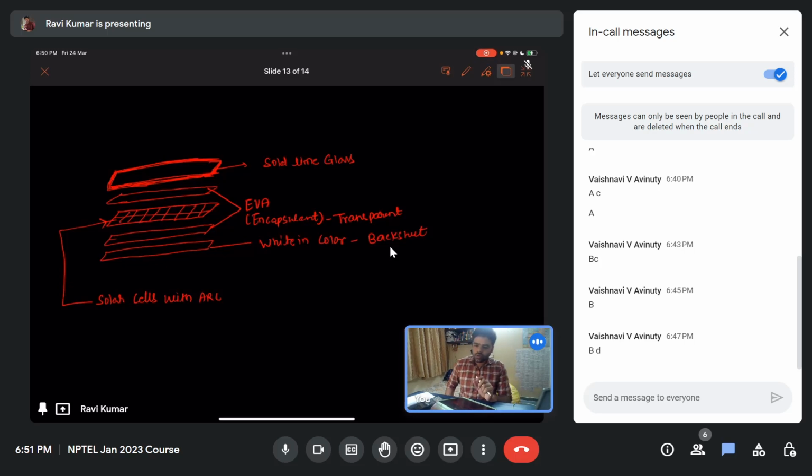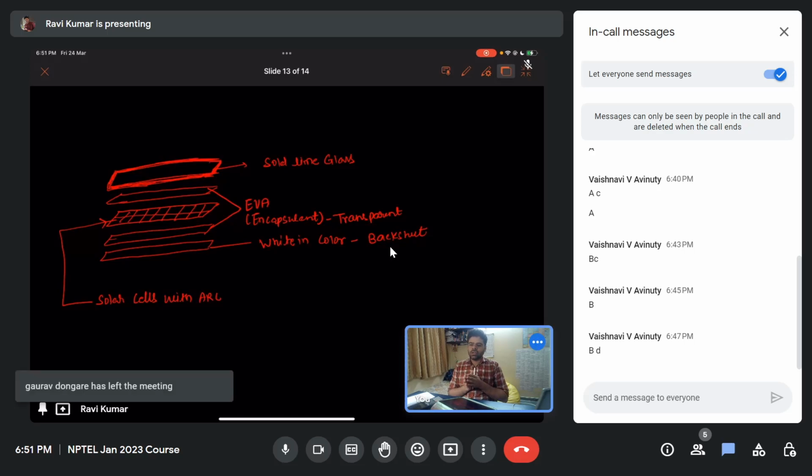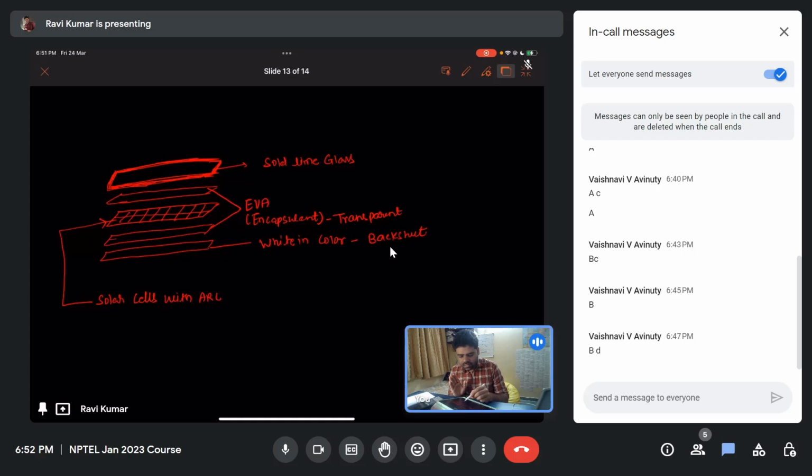So in order to keep it safe, we need to encapsulate, or in general words we need to laminate this solar cell with some safety elements, and in those safety elements we have EVA, encapsulant, backseat, and soda lime glass.